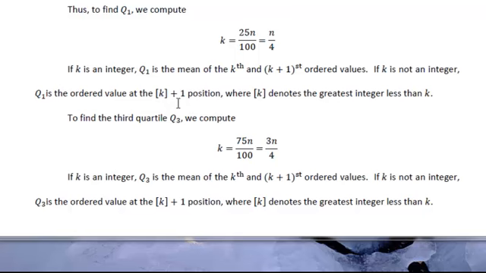That means just the integer value of whatever we have. We lop off the decimals. The k in brackets denotes the greatest integer less than k. So if k is 1.01, then we're looking at 1. If k were 3.25, if we put that in brackets, then we're looking at 3.